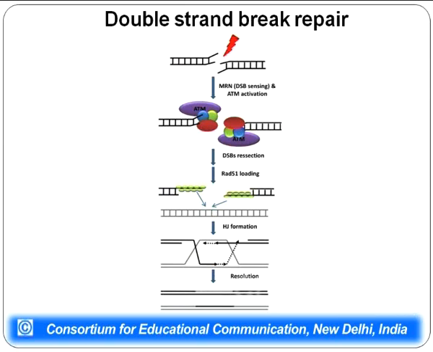Another mechanism is double strand break repair, as can be seen in the figure that both the strands of DNA are broken. So, it requires that both the strands anneal to the specific position. Herein, certain proteins known as MRN protein and ATM protein are required.